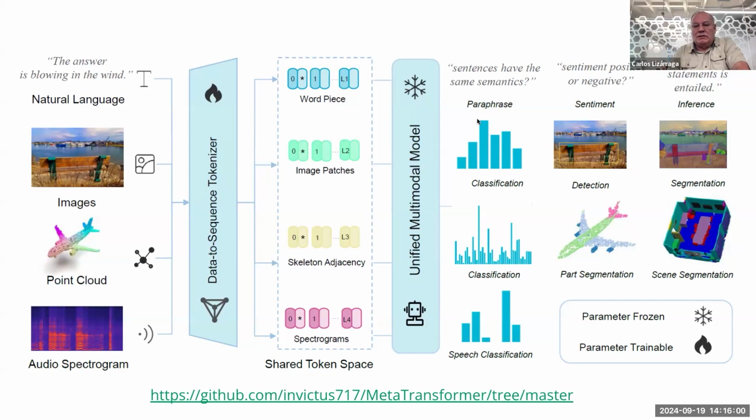And then the output can be a paraphrase, a sentiment, an inference, a classification, a detection, a segmentation, or another classification for the point cloud, segmenting some parts of the point cloud, a scene segmentation, and in the case of the audio spectrogram, speech classification of the input. So it's a complex task because we have to involve several layers and several modules before getting some answer back.